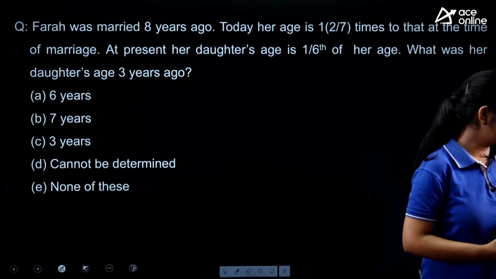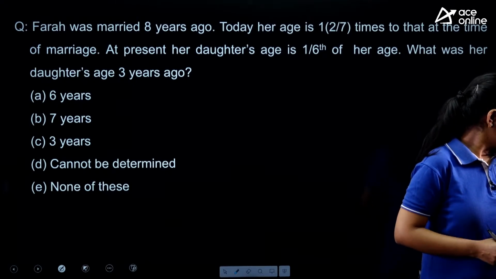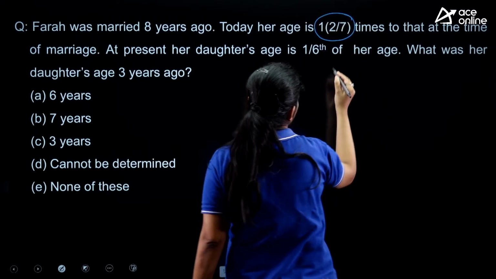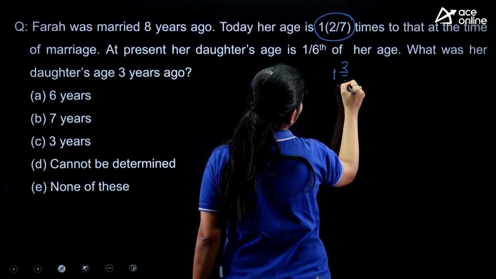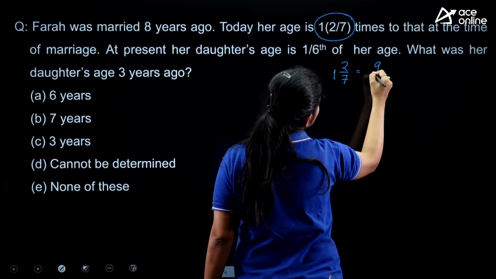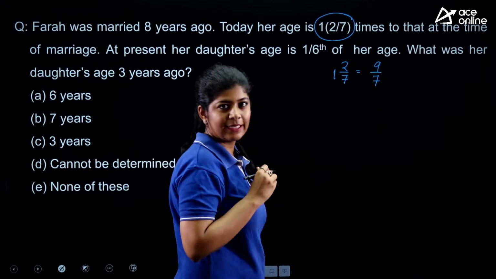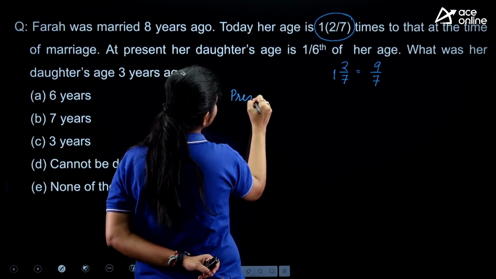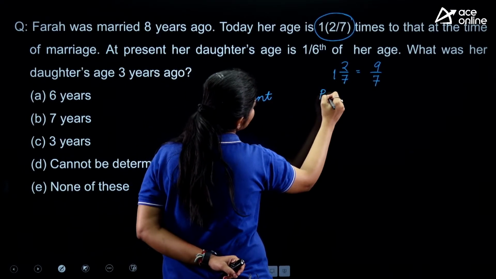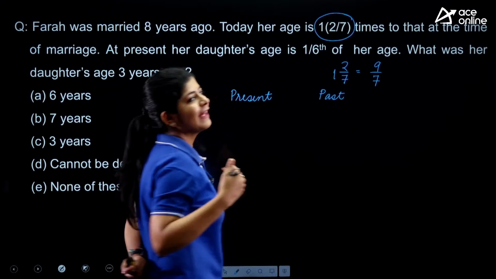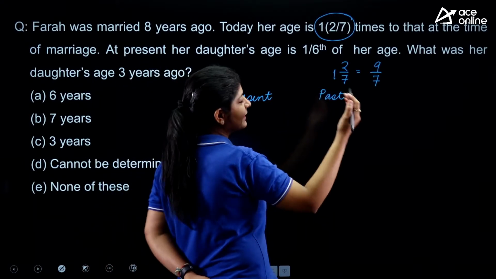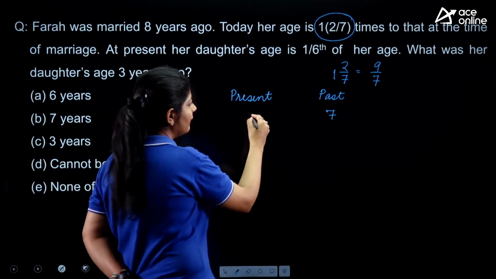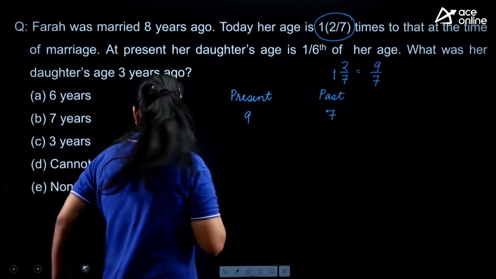Okay, very good. Let's see option number C. So here I can write 1 2 by 7 as nothing but 9 by 7, right? If I want to write down the present and the past ratio for Farah's age, I can say that if at the time of marriage Farah is 7 years old, now she is 9 years old, right?